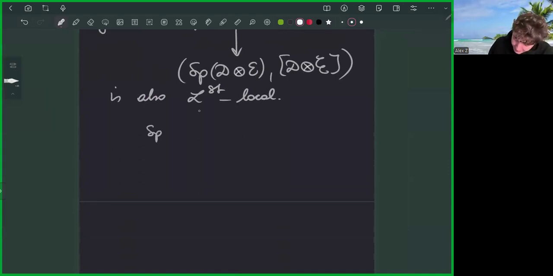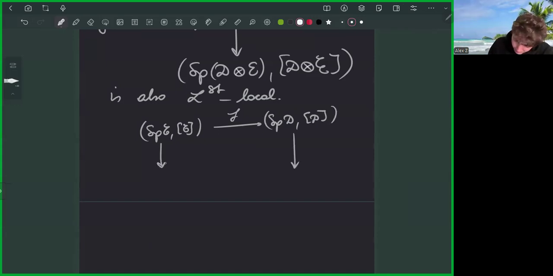First of all, if F is such a morphism, we can consider the following commutative diagram. I'll tell you in a moment what it is.